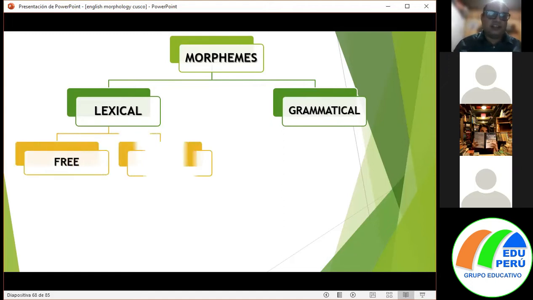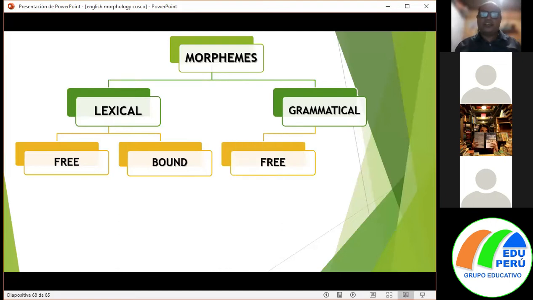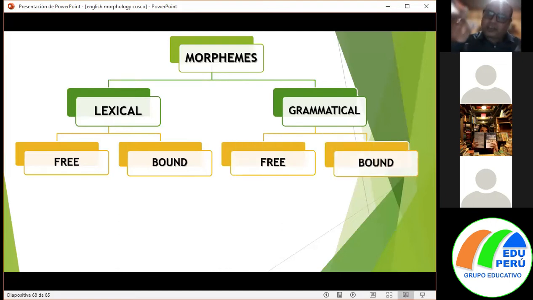In lexical, we have free and bound. Remember, among the lexical morphemes, we could find free morphemes and bound morphemes. In grammatical, we could find the two types again: free grammatical morphemes and bound grammatical morphemes.